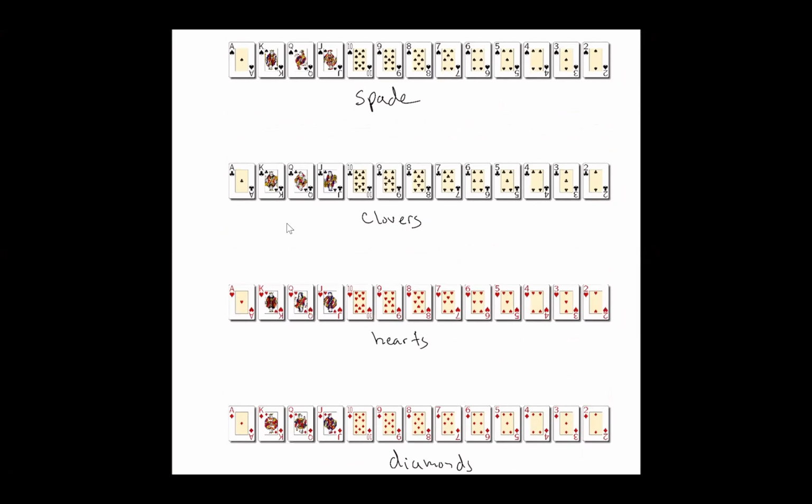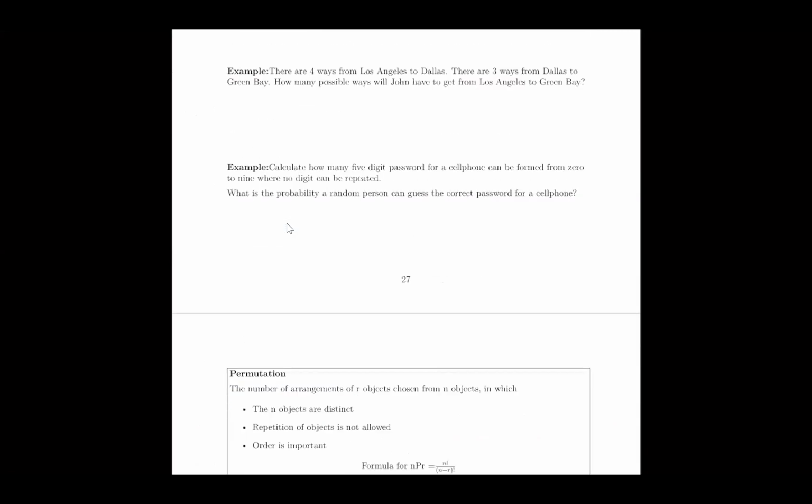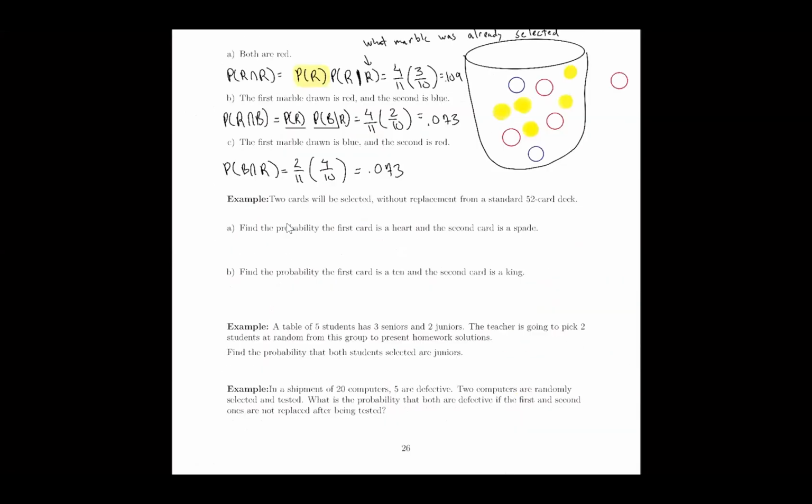So one thing you have to just know about cards, there are 52 cards. And there are going to be 26 black cards, and 26 red cards. Essentially, half of the deck is black, half of the deck is red. So let's see if I can find that problem again. There we go.